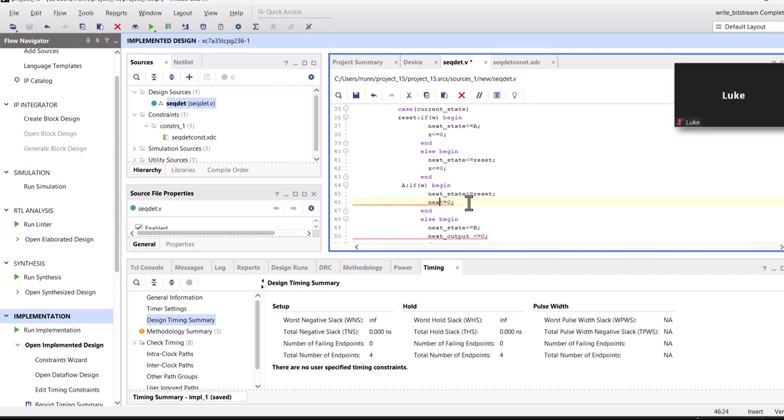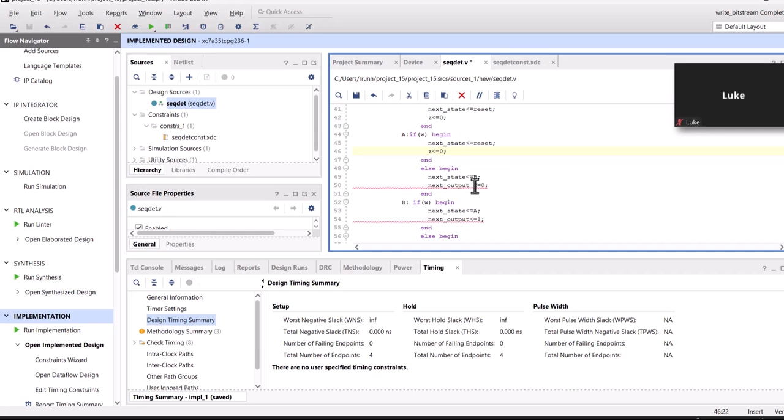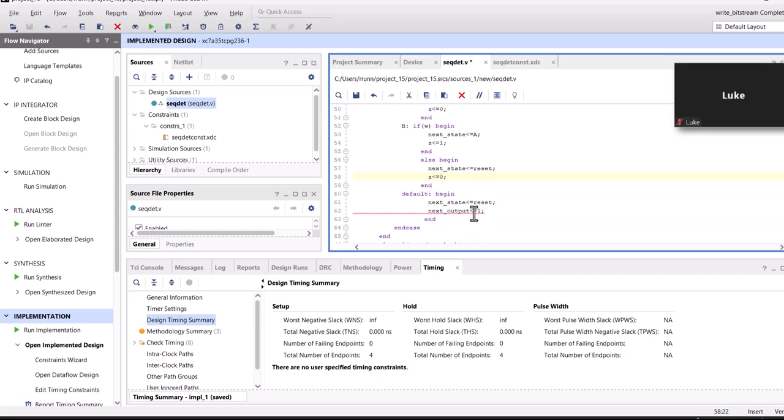This is doing exactly what we did in the little exercises before. The only time we got an output of 1 was when we were at state B and our output was 1. So you will have to adjust this for yours.